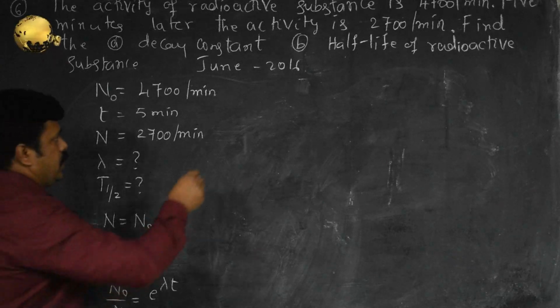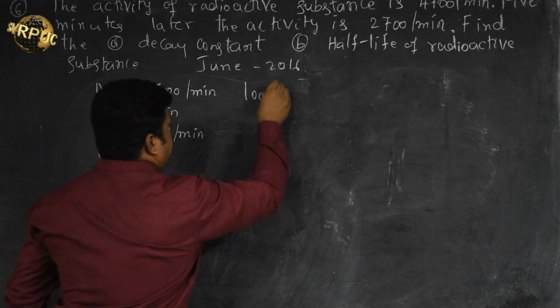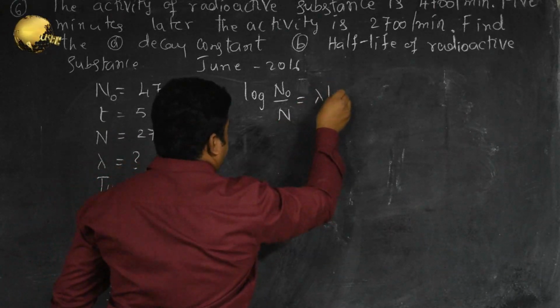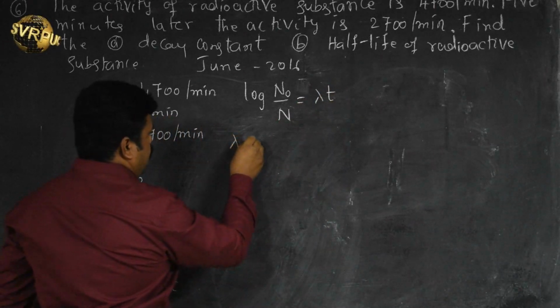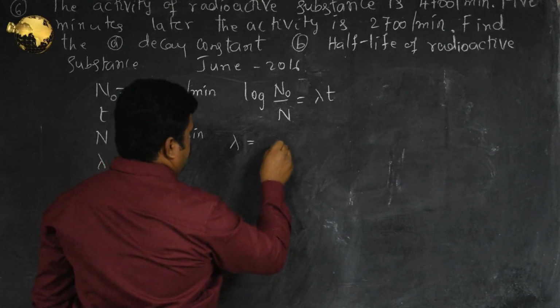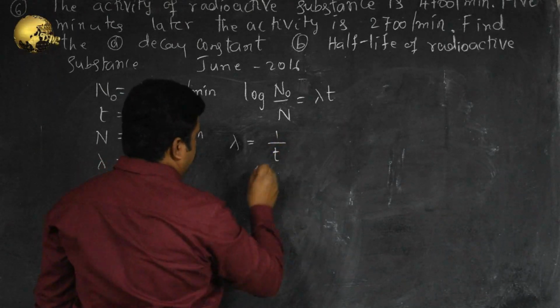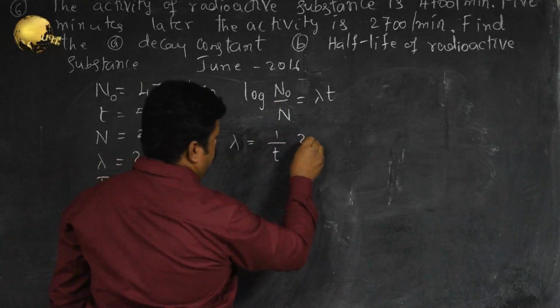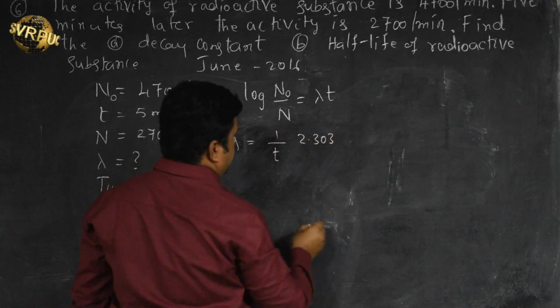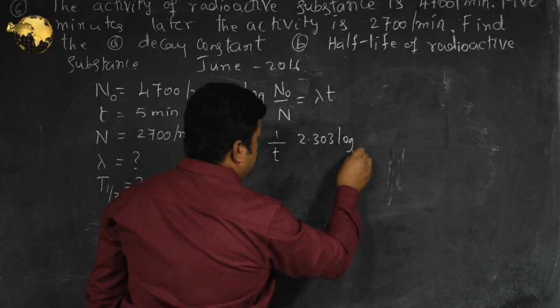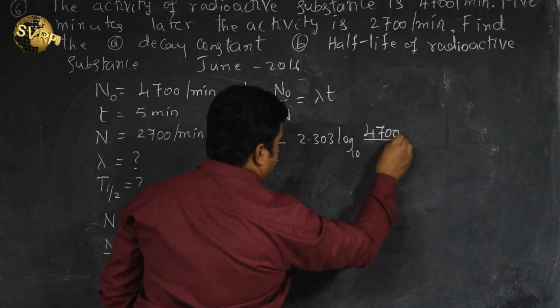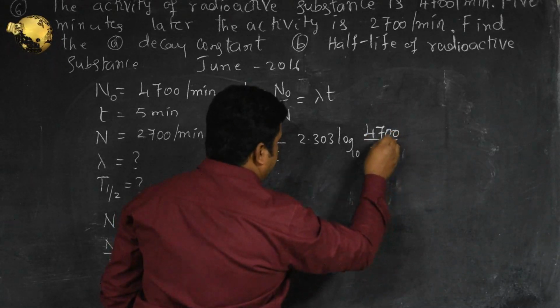Taking log on both sides, log of N naught by N is equal to lambda t. So finally I need lambda. Lambda is equal to 1 over t times log of N naught by N. We have to convert it to base 10, that is 2.303 log to the base 10 of 4700 divided by 2700.